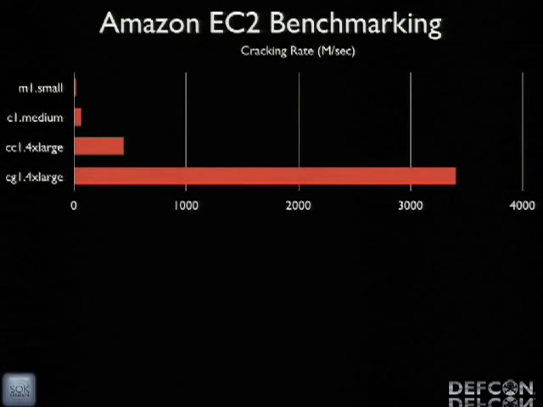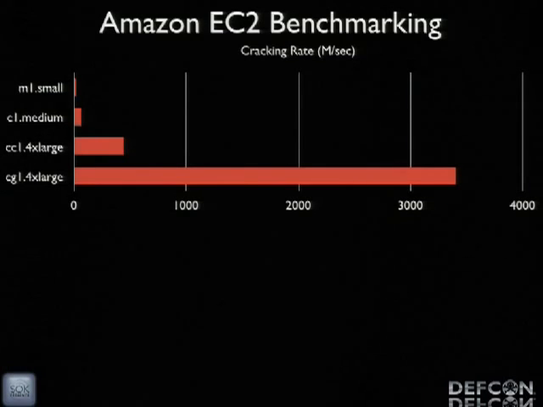For those of you not familiar with EC2, you can rent instances of a variety of different sizes. And I've benchmarked a couple different instances. These are using OpenCL for the host CPU and CUDA for the GPUs in the last instance.